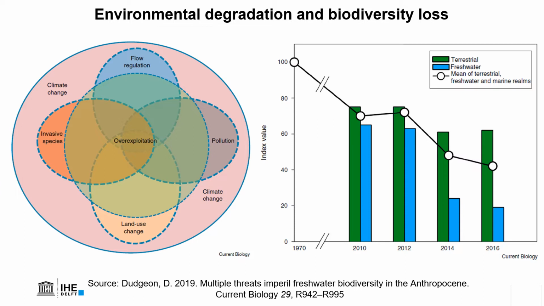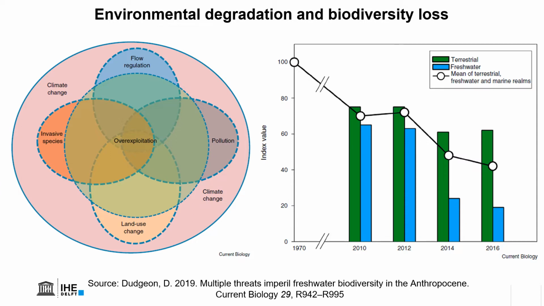On the right side is a bar chart with green and blue bars. The green bars are for terrestrial ecosystems and the blue bars are for freshwater ecosystems. The white dots with the connecting line show population trend data for vertebrates in the freshwater, marine, and terrestrial realms. The trend has been plotted from the year 1970 until 2016.